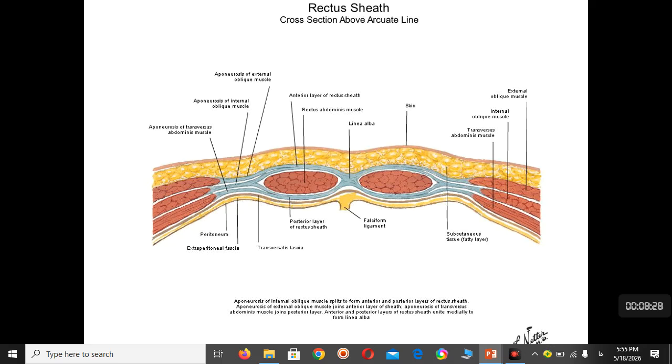Thus, the layers of the anterior abdominal wall from superficial to deep are skin, superficial fascia, external oblique abdominis muscle, internal oblique abdominis muscle, transverse abdominis muscle, fascia transversalis, extraperitoneal connective tissue, and parietal peritoneum.